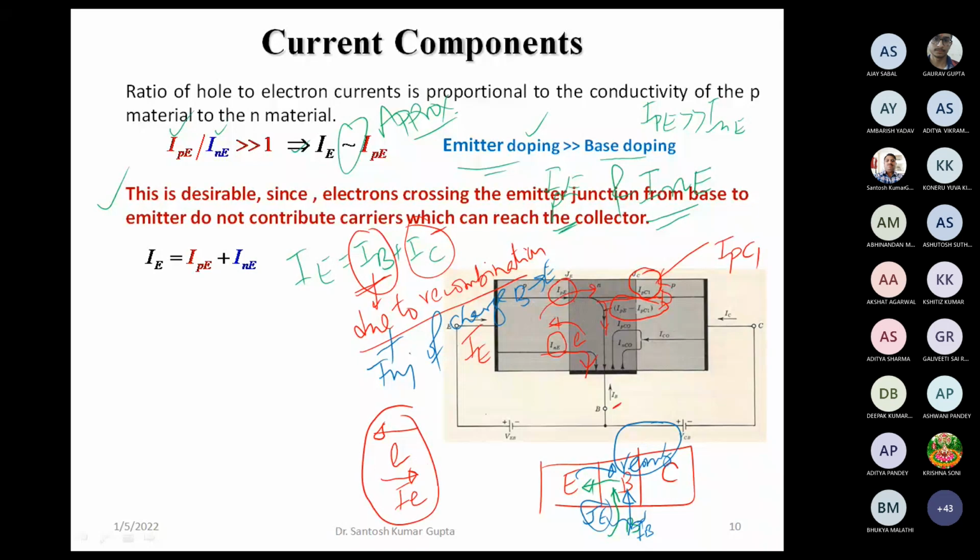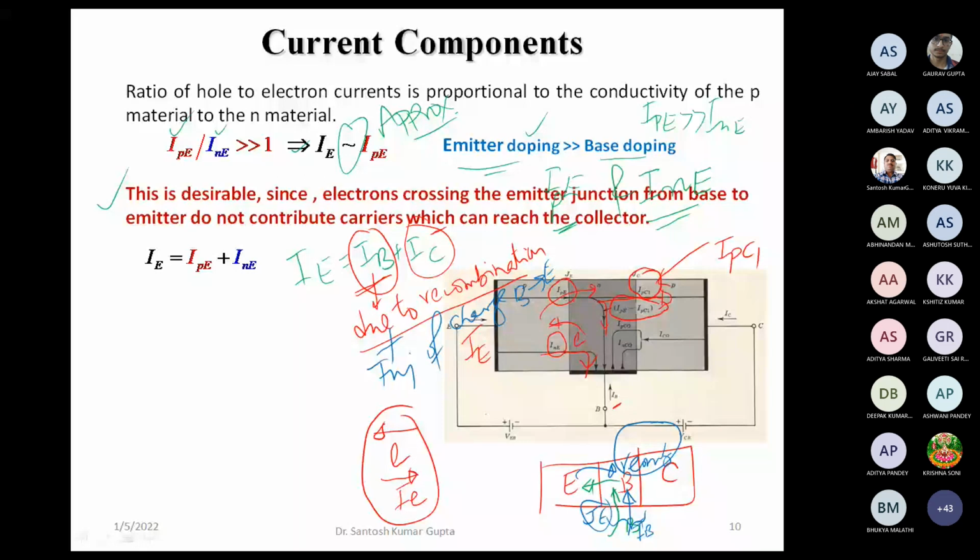So current due to negative charges is opposite to their flow, which should be noted here. The current directions are shown here, not the direction of charge carrier flow. The arrows in this diagram show the current direction. So these different components are shown here.